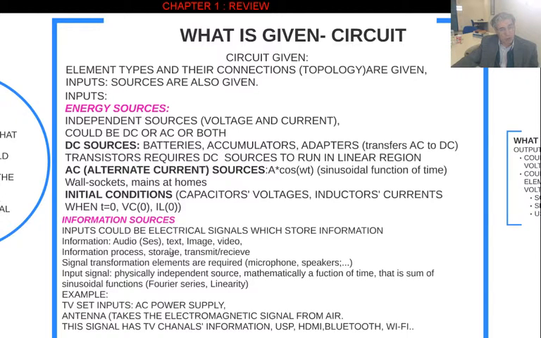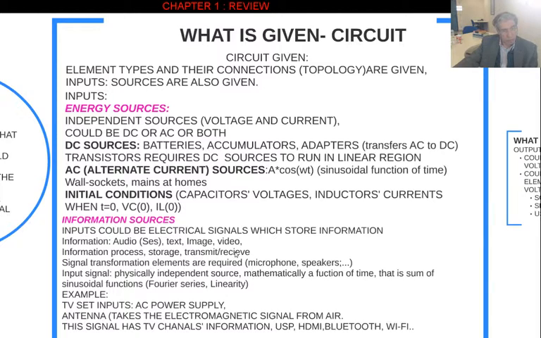So when you come to electronics, signal transformation elements are required. These information sources should be transferred to electrical quantities, because we are going to use this information, process it or store it or transmit it, receive it.